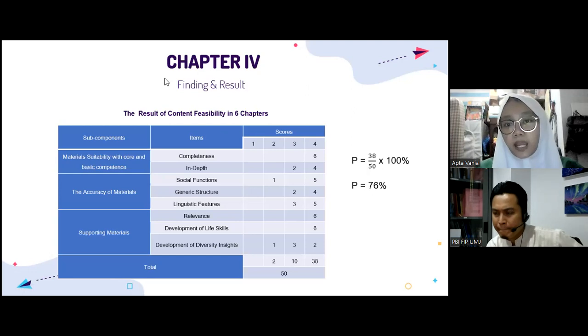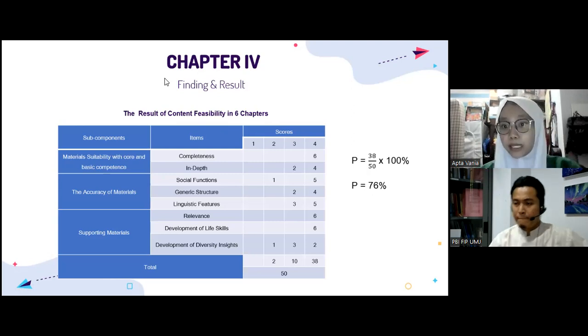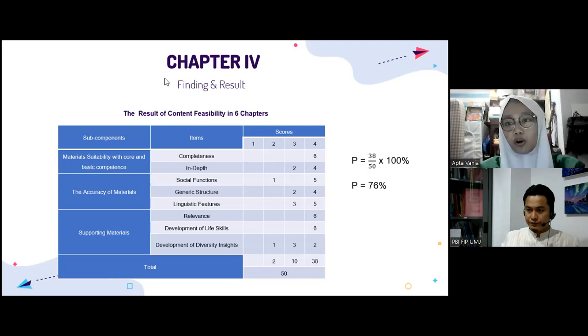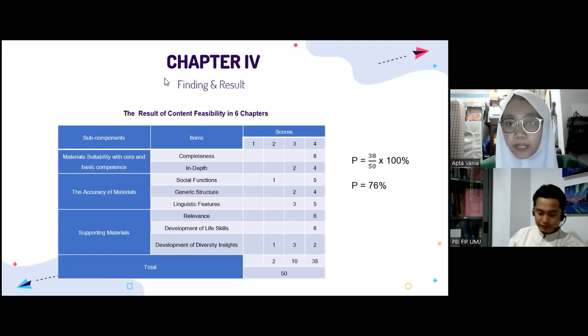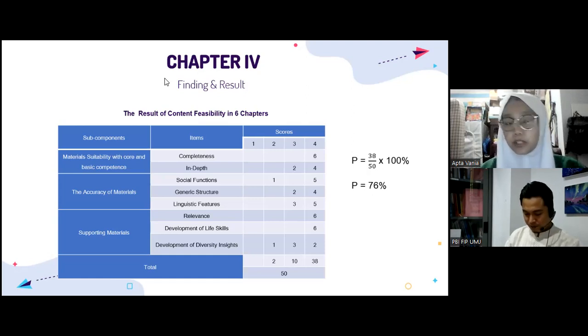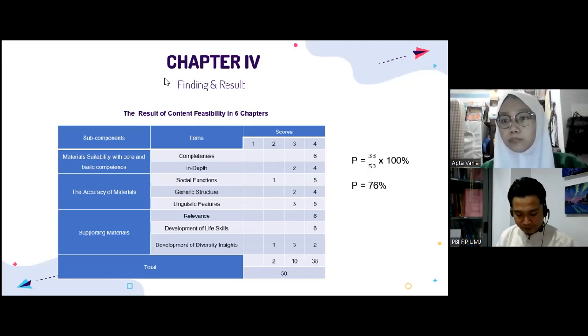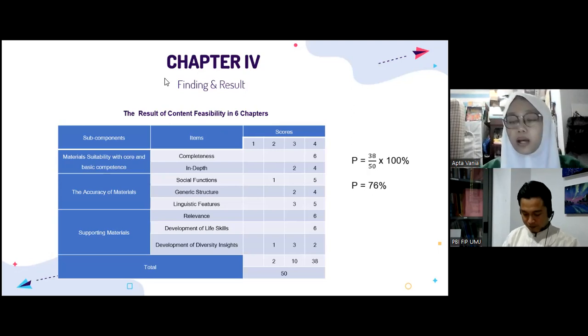Okay. I have this table. Before I explain my instruments, the scoring rubric, this table is the score from BSNP, Badan Standar Nasional Pendidikan. In analyzing the data, I already explained that I analyzed chapter by chapter, and from these subcomponents, completeness, in-depth, and the others, I put a score from 1 to 4 in the table.